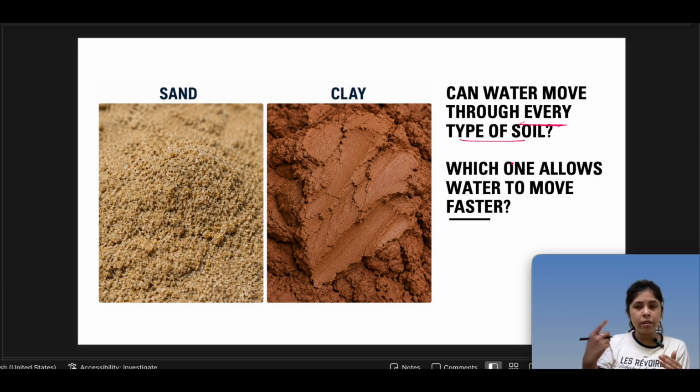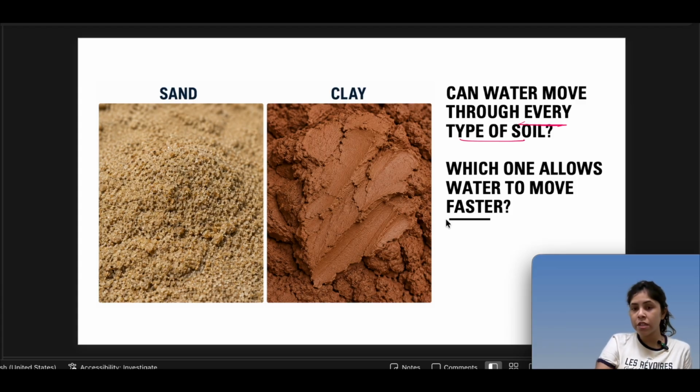Just think from your experience: can water flow through sand easily? Can it flow easily through clay? Clay is the one which we use for making art crafts and all, right? I think both will allow water to pass, but some will allow it faster, some to a slower extent.